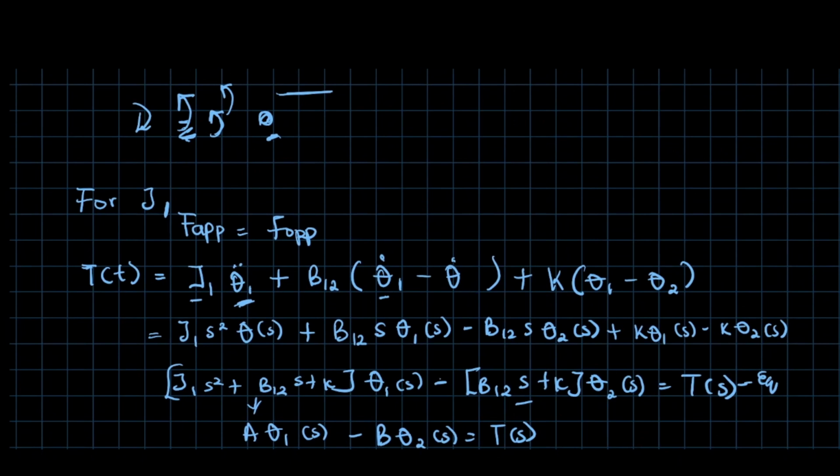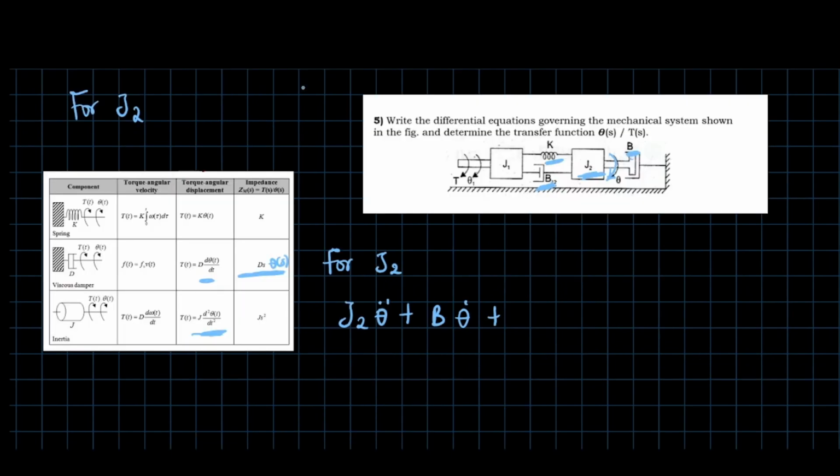Sorry, it's not theta 2, it's just theta. I didn't realize that before. Plus this damper also opposes the motion, so theta minus theta 1 dot, because it's angular velocity we're dealing with, plus the spring, theta minus theta 1. I'm tempted to say theta 2 all the time. Equals 0.